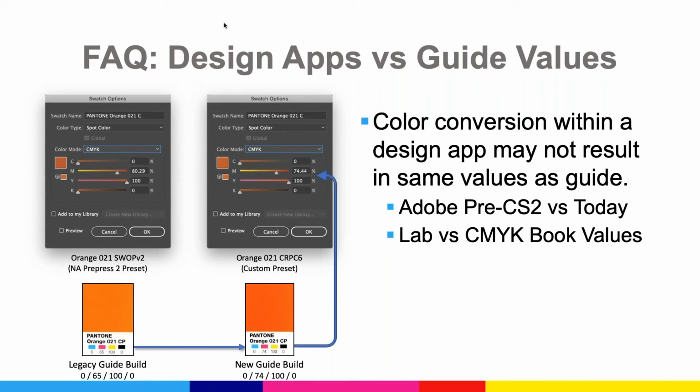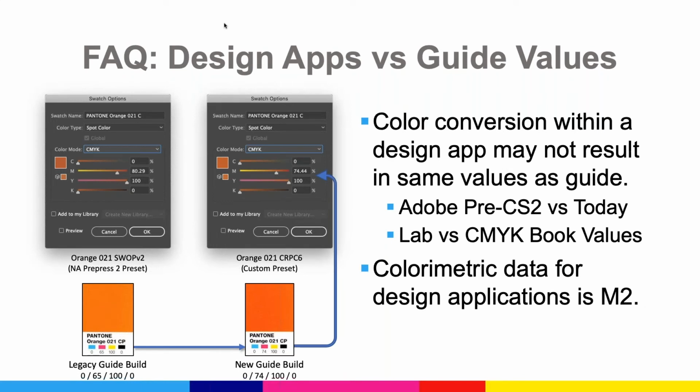But it is something to highlight here that if you go click and try to follow along, you might not see the same numbers, but just understand it's a matter that if you have your Adobe software configured in your color settings to use something other than CRPC 6 for a coated color, your number conversion may be different.